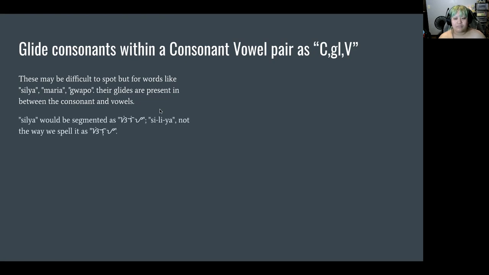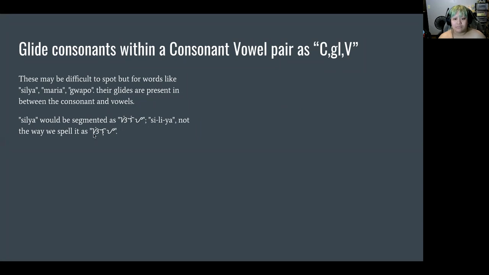Cilia would be segmented as three different characters: Si, Li, and Ya. But we would use the Si with a dot on top to make an E sound, the La with a dot on top to make a Li sound, and the Ya character itself.